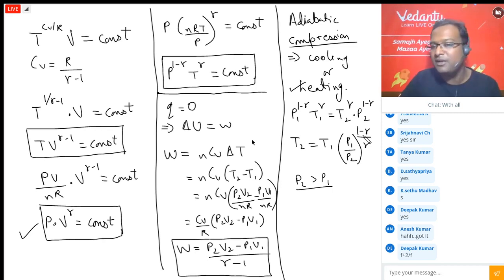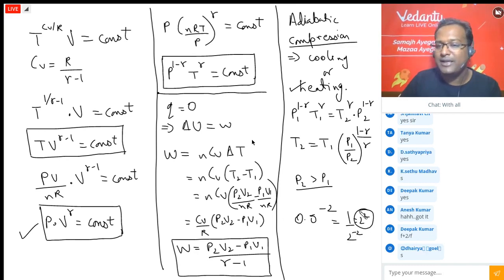So it is greater than 1, and 1 minus gamma is a negative quantity. A fraction to the power of a negative quantity will give you what? Half to the power minus 2, that means 2 squared. So you'll get a quantity greater than 1. This implies T2 is greater than T1. That means it is heating up.